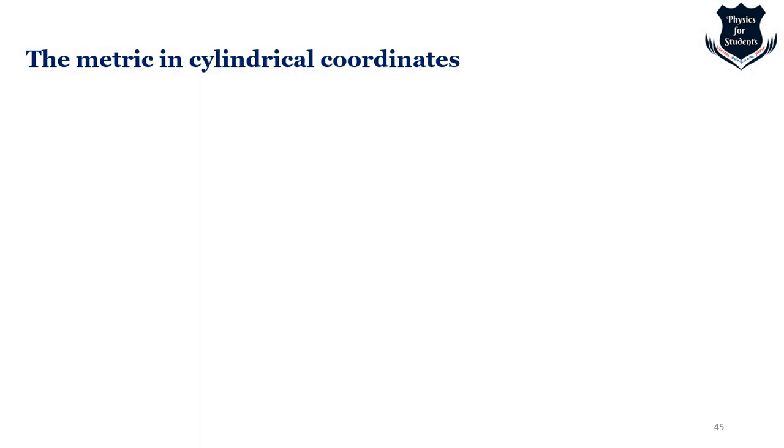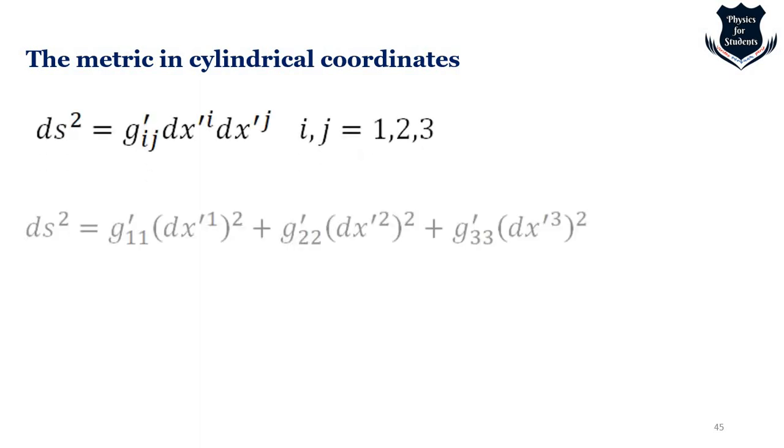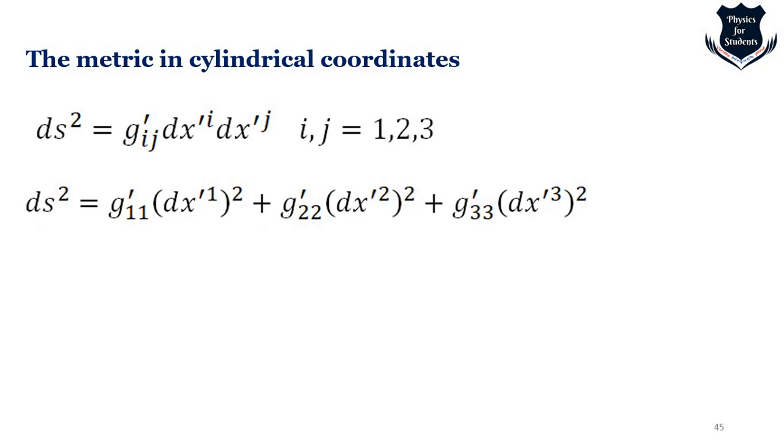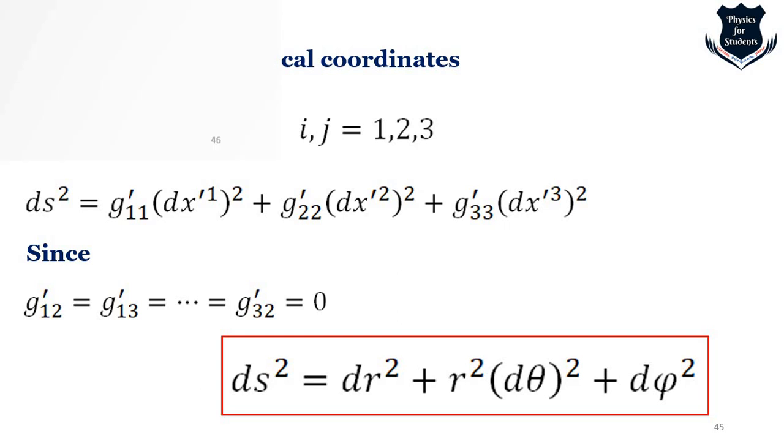So the metric tensor in cylindrical coordinates is this one with 1, 2, 3, and since this equals 0, finally we get this. So that is quite a simple, pretty fast exercise in which we see how we arrive at the values. We derive cylindrical coordinates, we derive the metric from there.